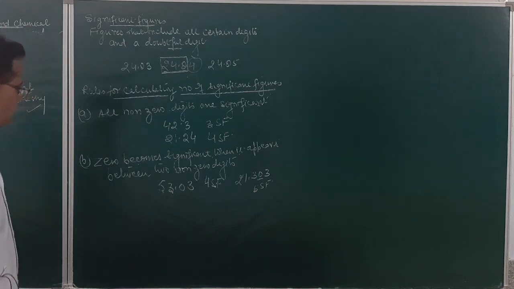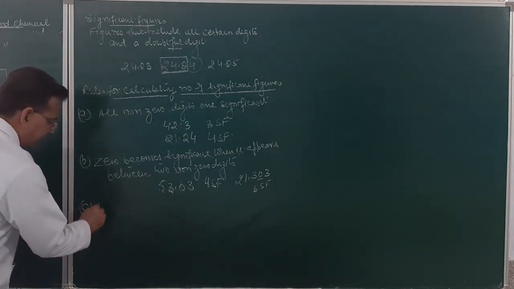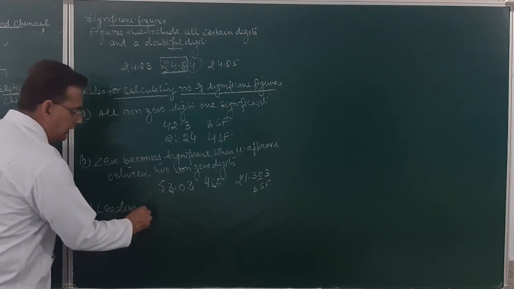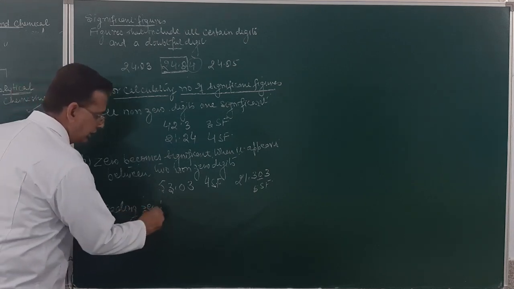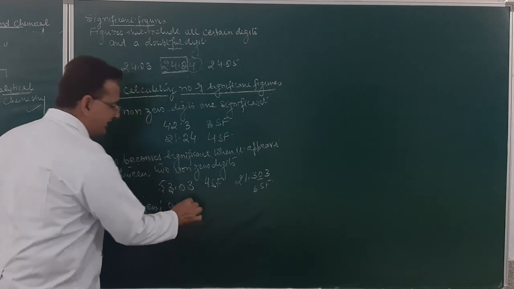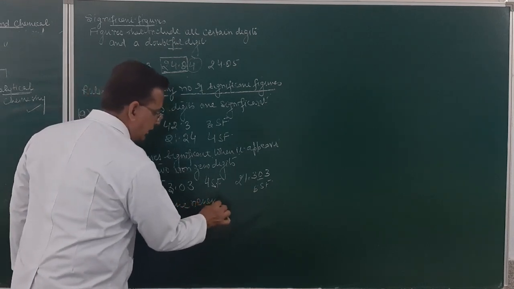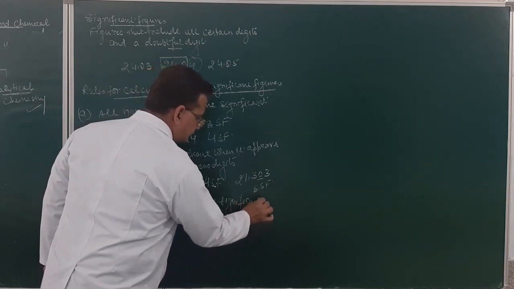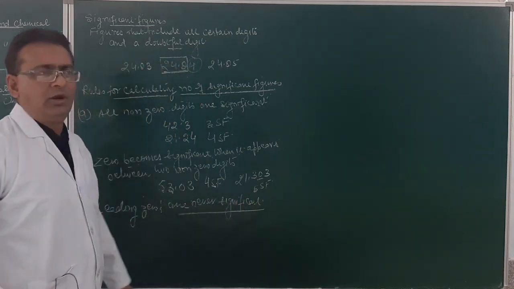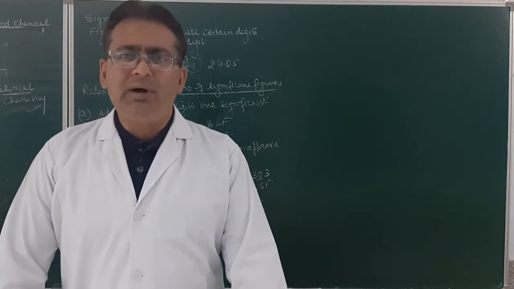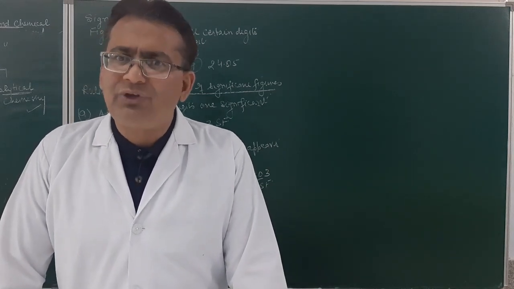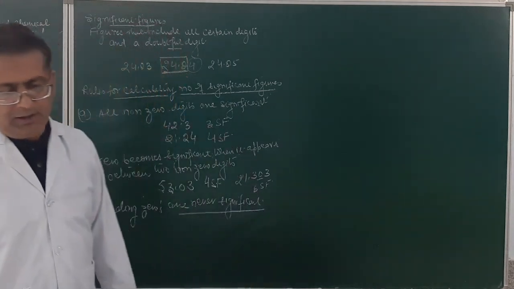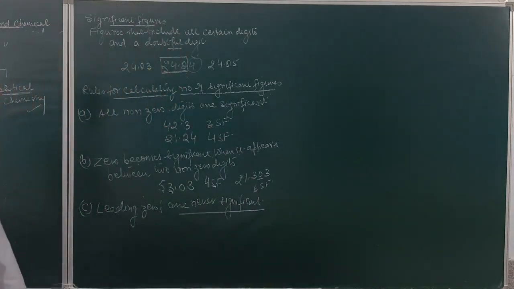Leading zeros are never significant. So if the number is led by a 0, even if that 0 is to the right of the decimal place, then that will not be a significant figure.